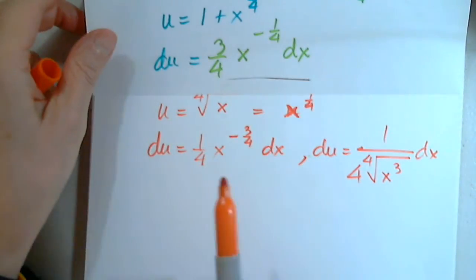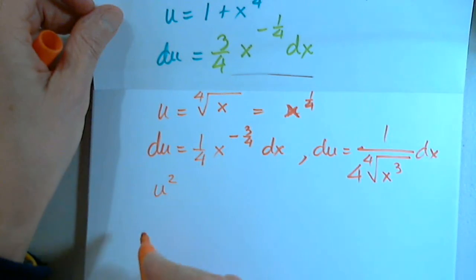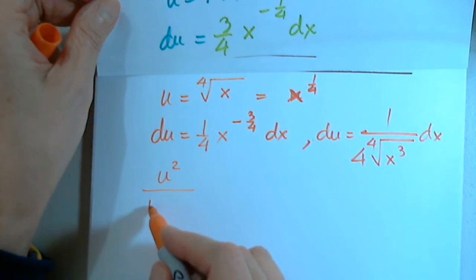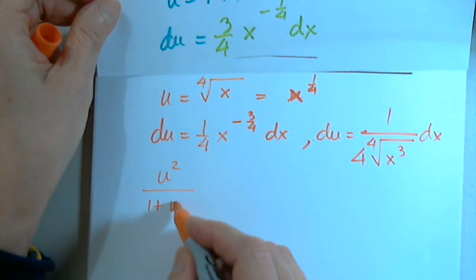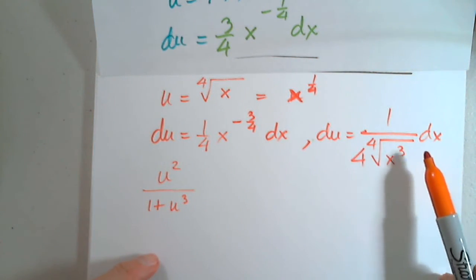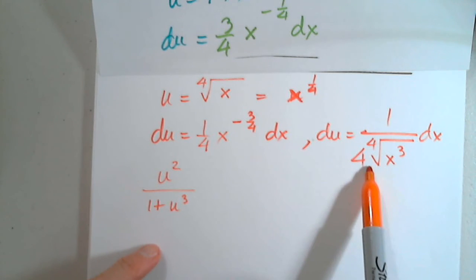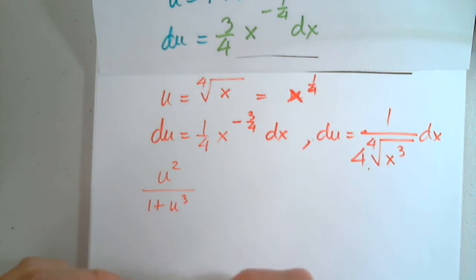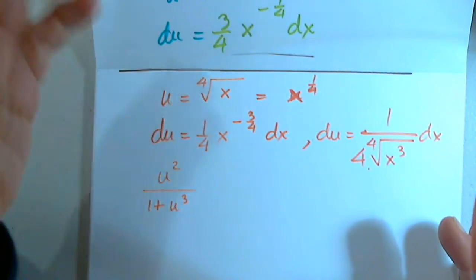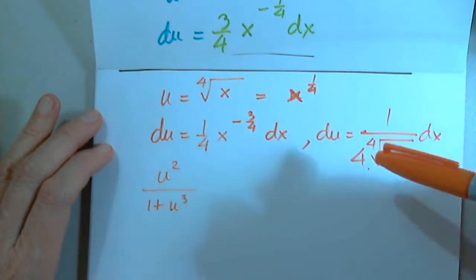Okay. The numerator is not going to be a problem because the numerator will be u squared. The denominator will be 1 plus this to the third, u to the third. And now, how do I make up the dx? In all these examples that we looked at, it was very easy to identify the du and the dx.